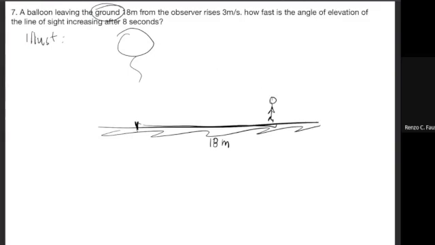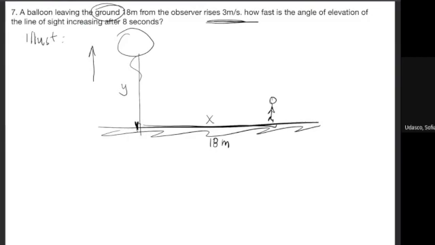And then, how fast is the angle of elevation of the line of sight increasing after 8 seconds? Because the balloon rises, that's the word "rises." So you should have a direction and label this as your y, right? This should be your x, right? Correct? You agree?